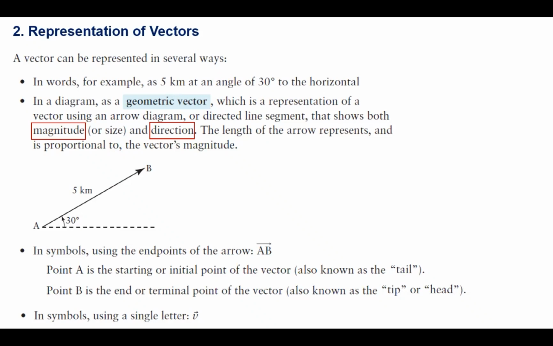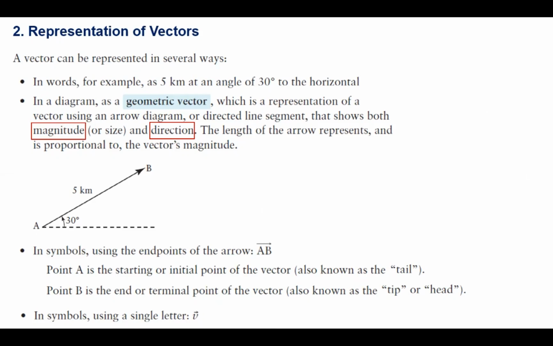You can also represent a vector using symbols. For example, using the endpoints of the arrow, vector AB. Point A is the starting point or initial point, which is also known as a tail, right? And point B is the end or terminal point of the vector, also known as the tip or head.